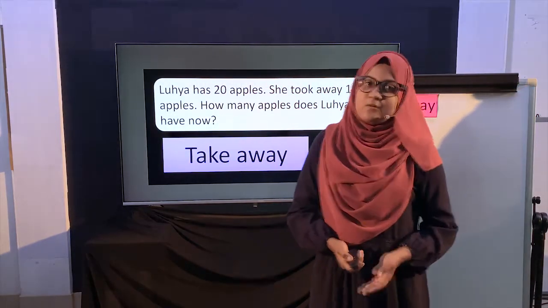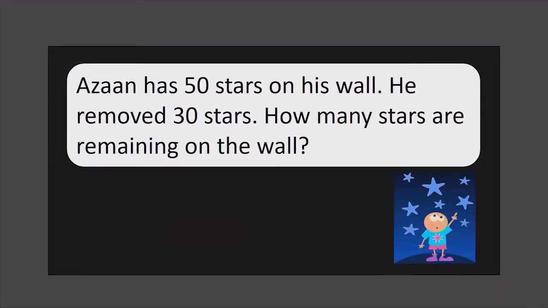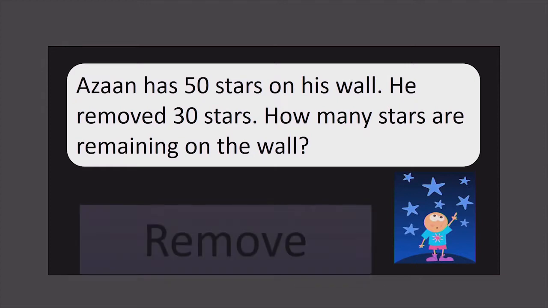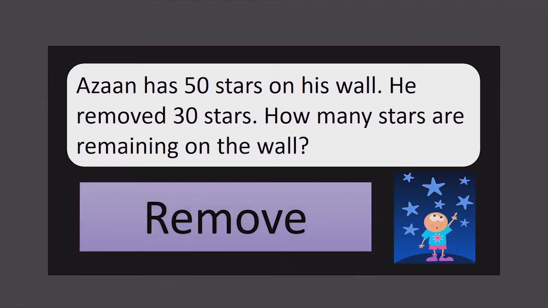Let's see another question. Azan has 50 stars on his wall. He removed 30 stars. How many stars are remaining on the wall? Now you have to find the subtraction related vocabulary from the sentence. Have you found it? If remove was your answer, then you are correct.